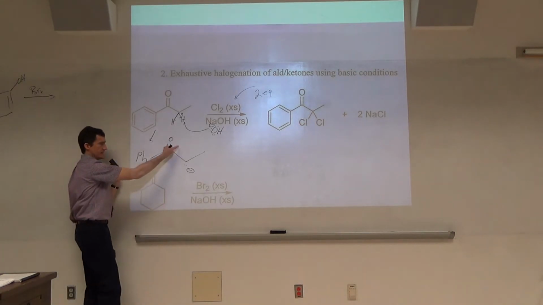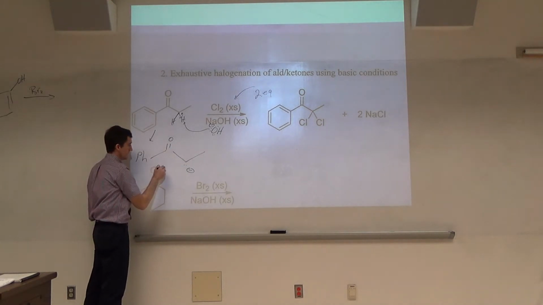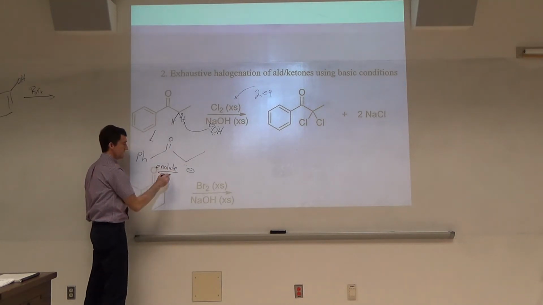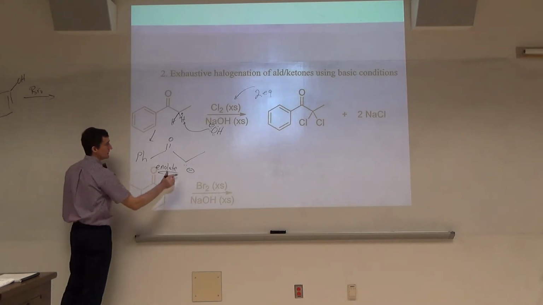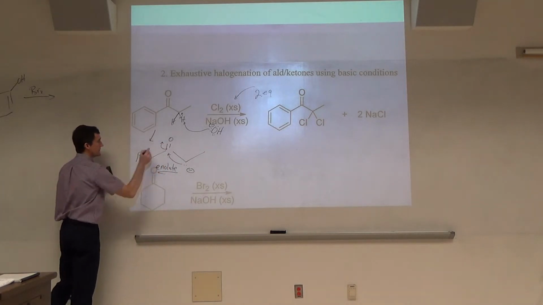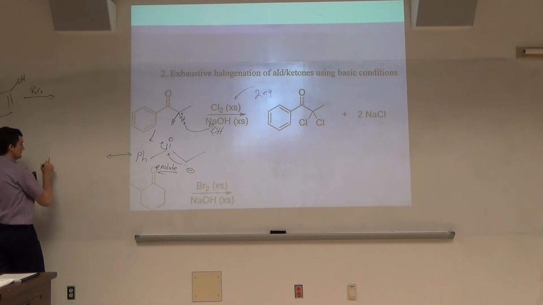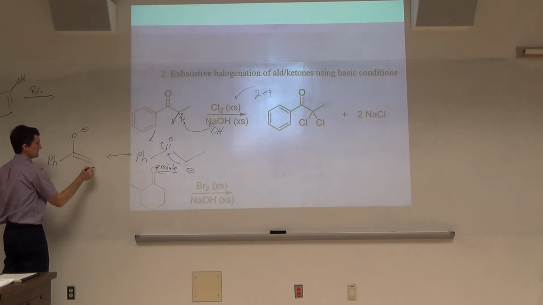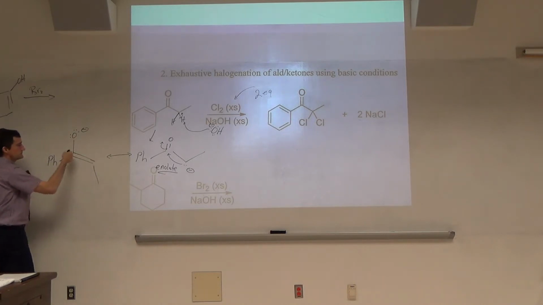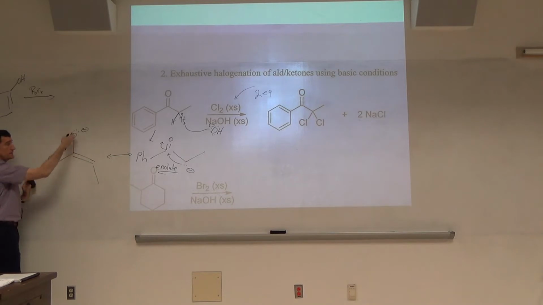What's the name of this anion? Enolate. Why is it called enolate? Well, look at the resonance structure. If you do resonance, there's your enolate.